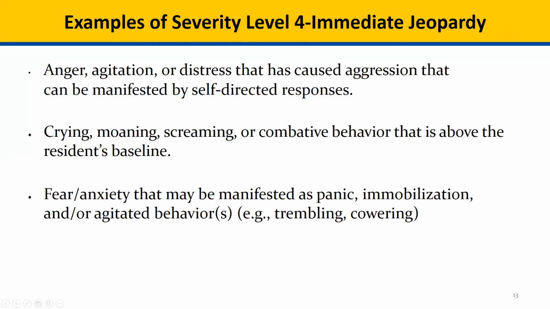A few examples may include hitting, shoving, biting, or scratching others. Crying, moaning, screaming, or combative behavior that is above the resident's baseline. Fear or anxiety that may be manifested as panic, immobilization, and/or agitated behavior such as trembling or cowering.